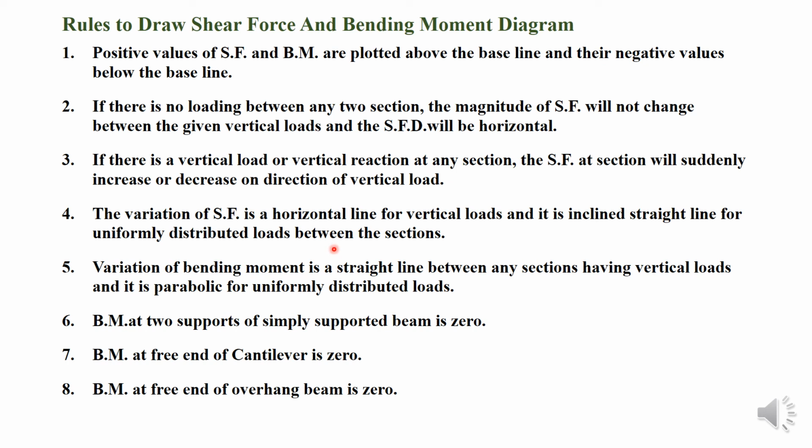Next, the bending moment at the two supports of a simply supported beam is always 0. Bending moment at the free end of a cantilever beam is 0, and bending moment at the free end of an overhang beam is always 0. These are rules which must be kept in mind while solving problems on shear force and bending moment.